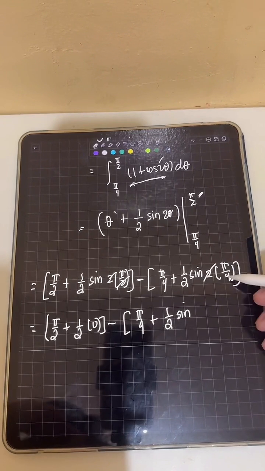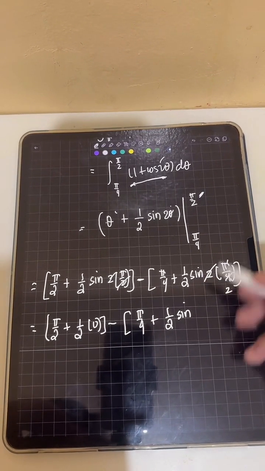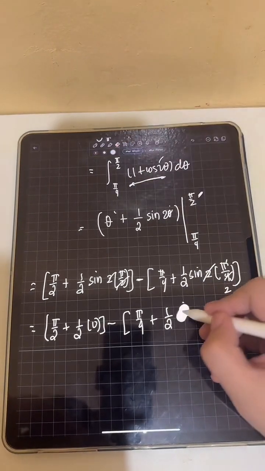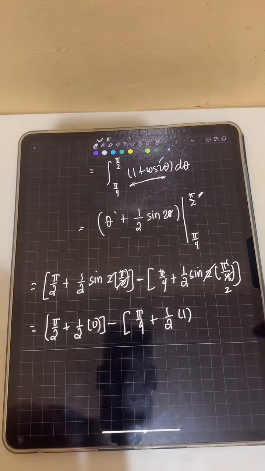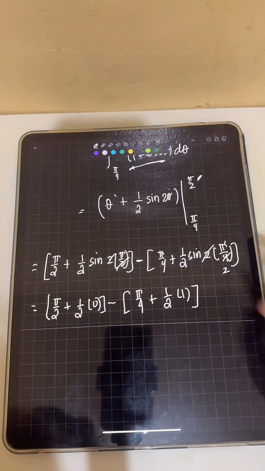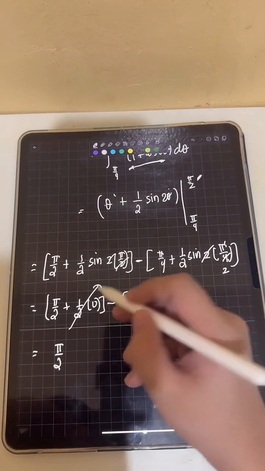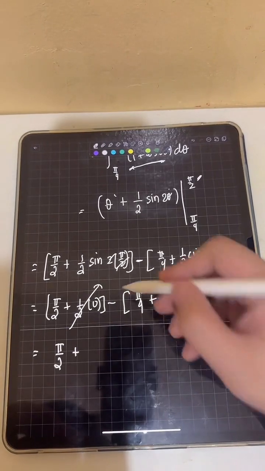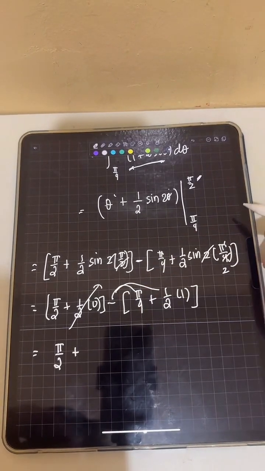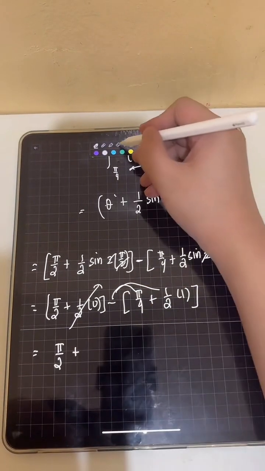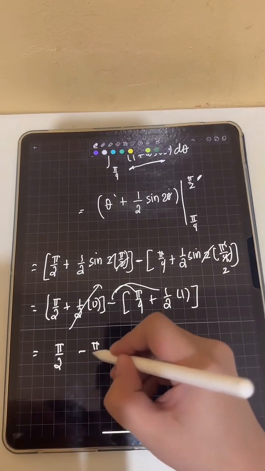So cancel out the 2. 4 becomes 2. So we have sine of pi over 2, which is 1. Sine pi over 2 is 1, right? So therefore, we have pi over 2 plus 1 half times 0. It's just 0. No need to write. Then distribute this negative sign. So we will have minus pi over 4.